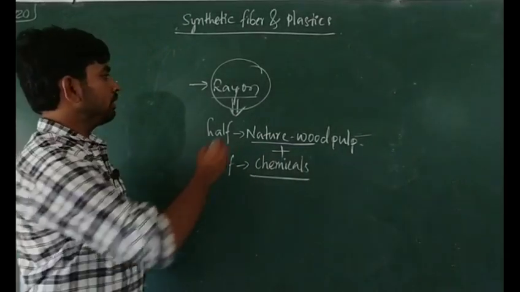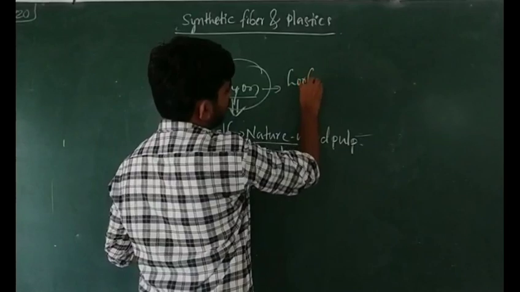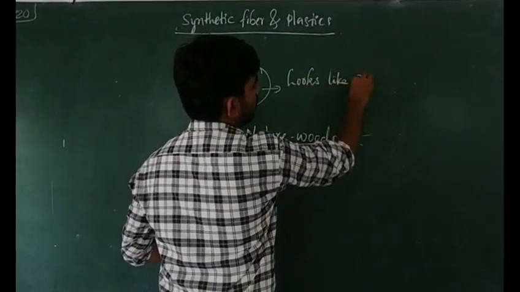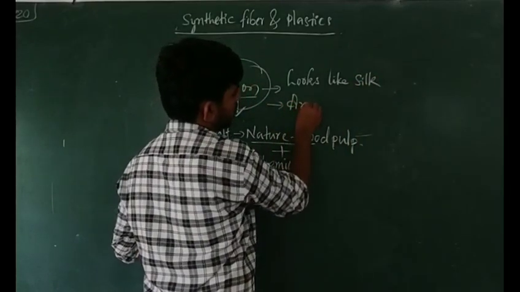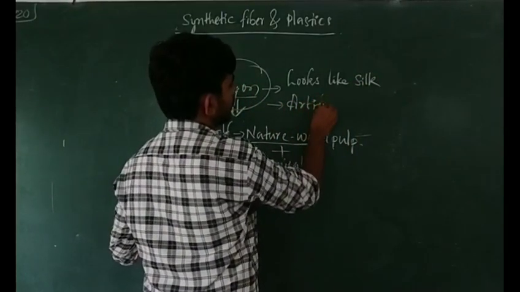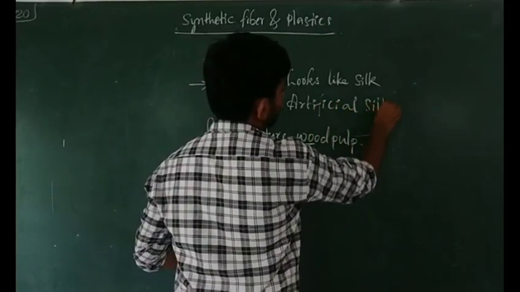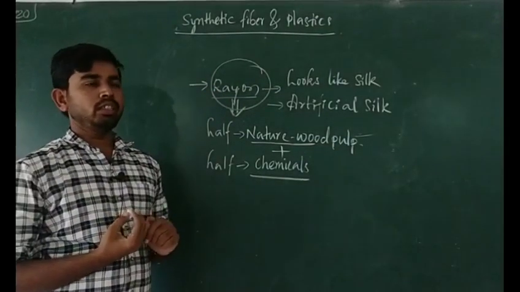Remember, this rayon looks like silk, so it is called artificial silk. Hence rayon is also called artificial silk. Why? Because it resembles the properties of silk. This is about rayon.